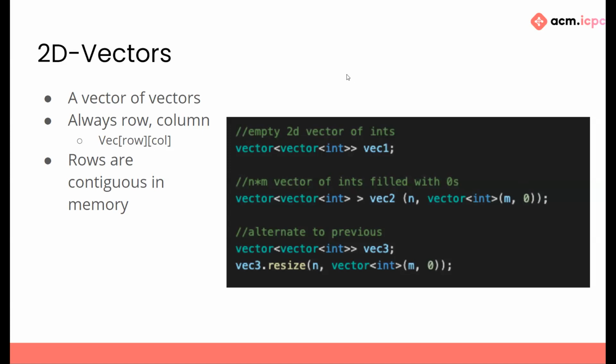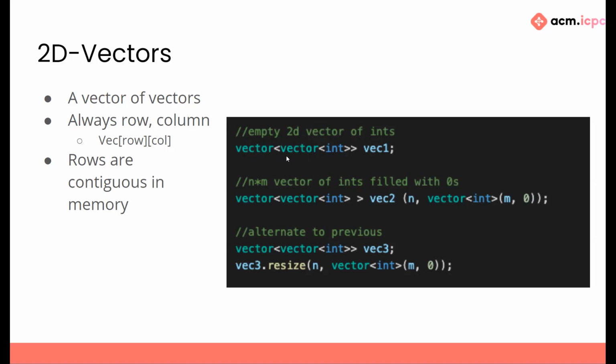2D vectors are basically better vectors. No, just kidding. 2D vectors are basically just a vector of vectors. If we take a look at the code on the right, we can declare a 2D vector like this. Essentially, we're just putting a vector of integers inside another vector.